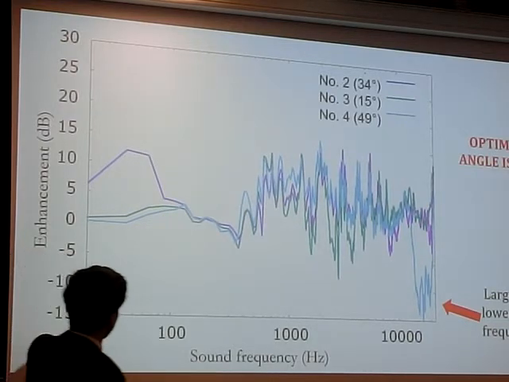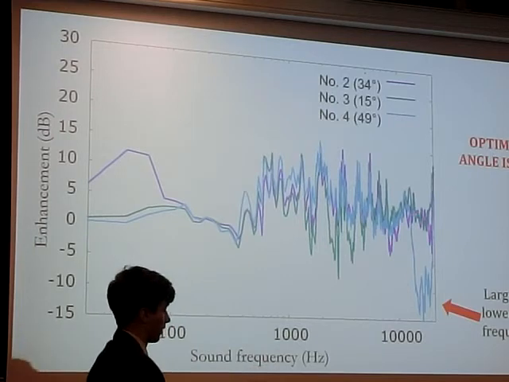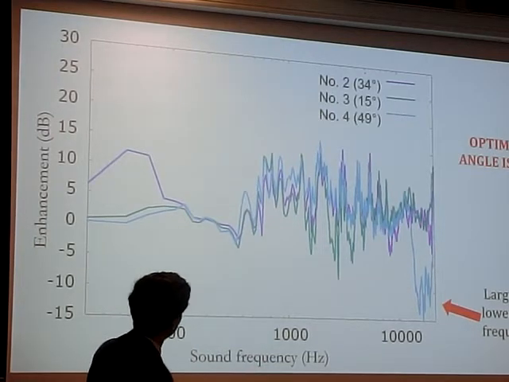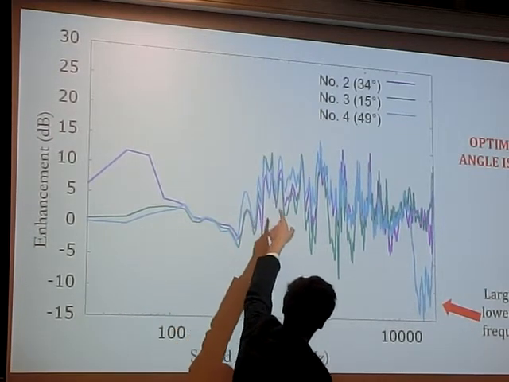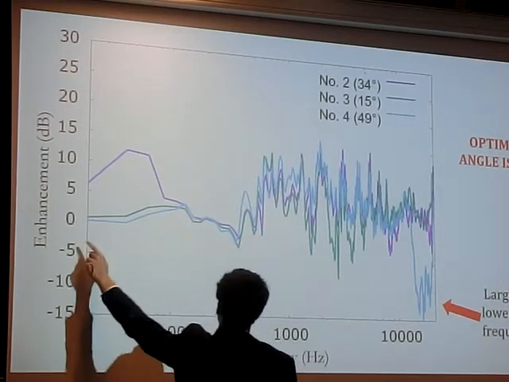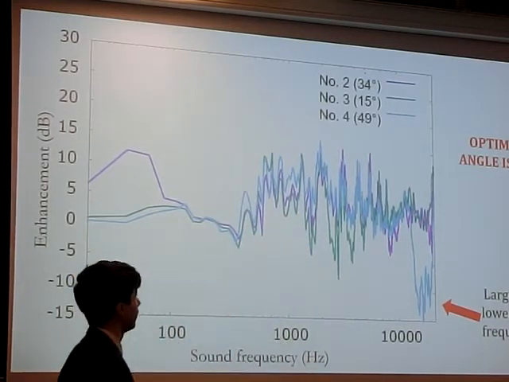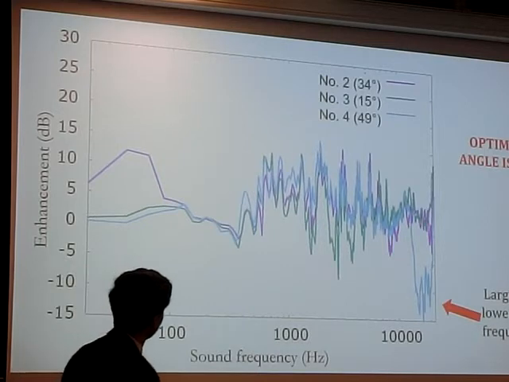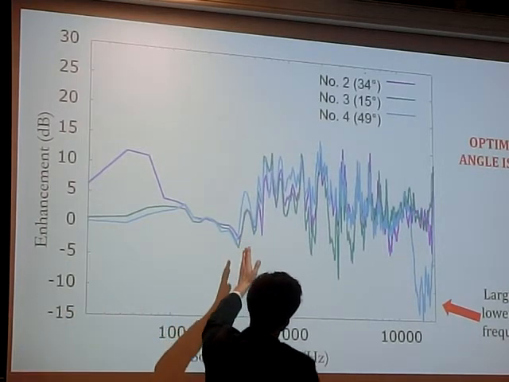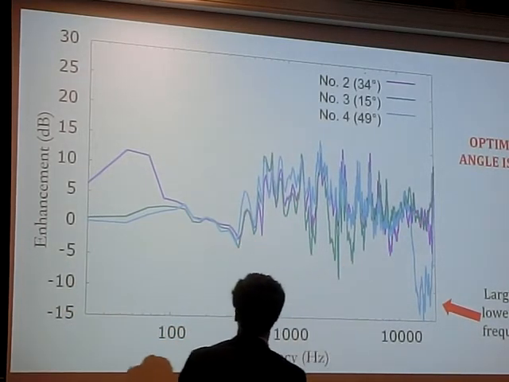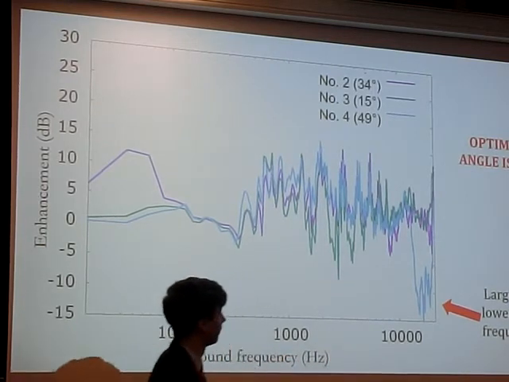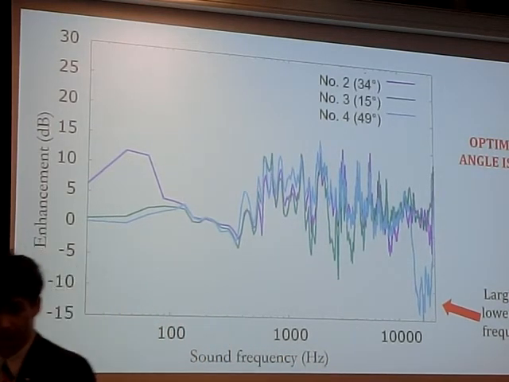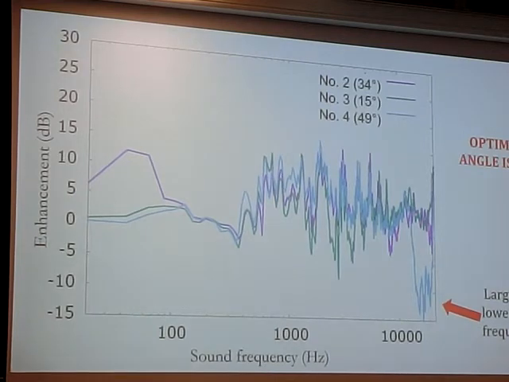We can see that in the lower frequencies, the wide horn is doing a good job, and it gets kind of almost random. But what we can see is that the 15 degrees is really tight. It doesn't really do anything. And the wide one does well in those spectra, but also falls off at the beginning and at the end. We think that overall, something in the middle is a good choice.